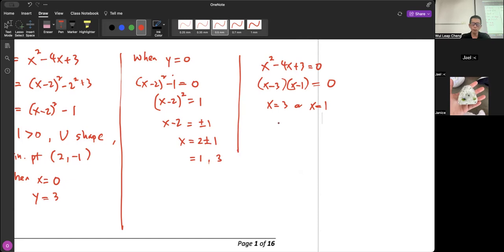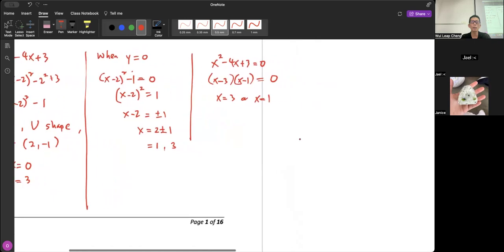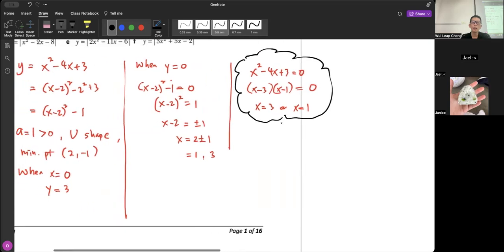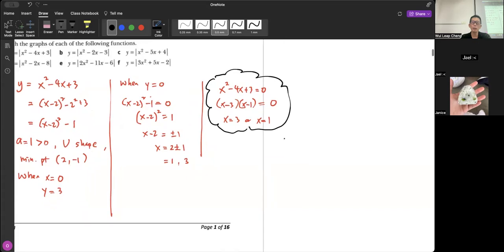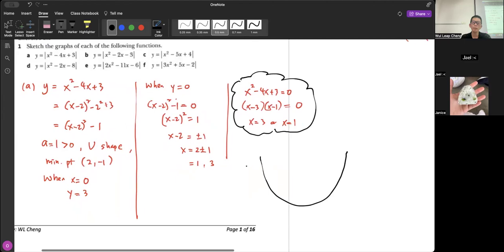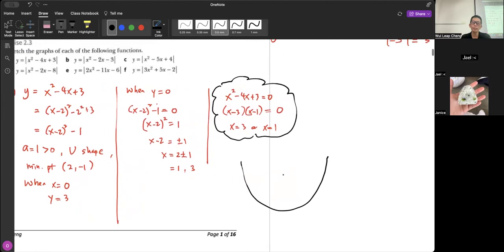Okay. After you have this, the next move is to sketch the graph. Any problem? 有一个，这个或这个。Okay. After that, you have to sketch the graph like that. U-shape graph. And then x-axis.